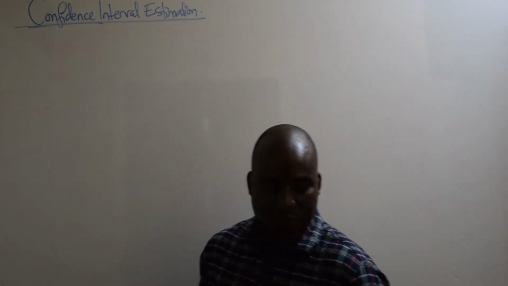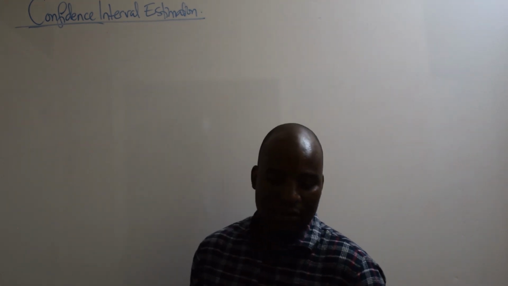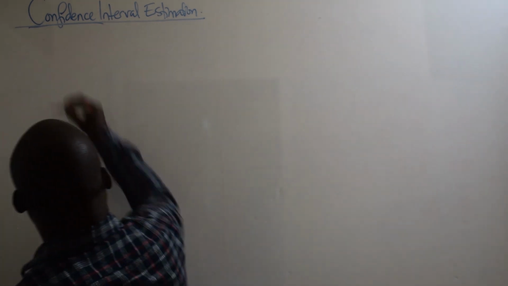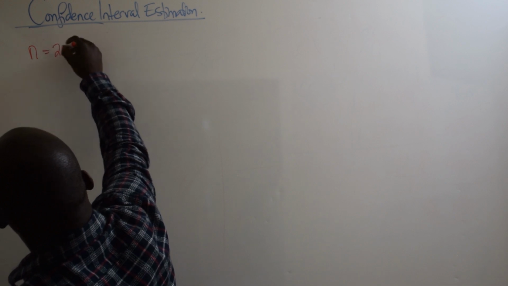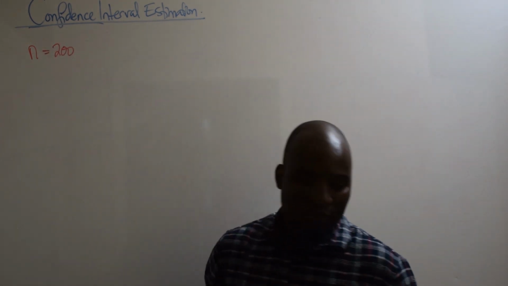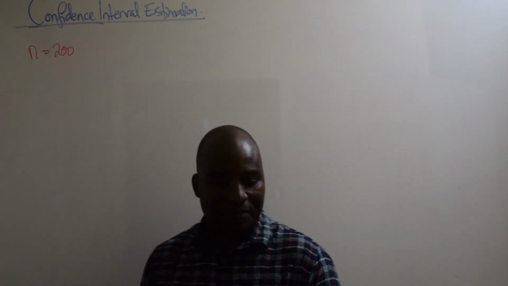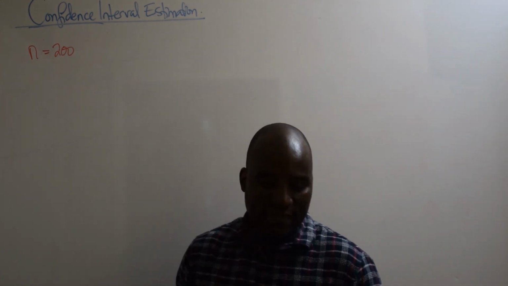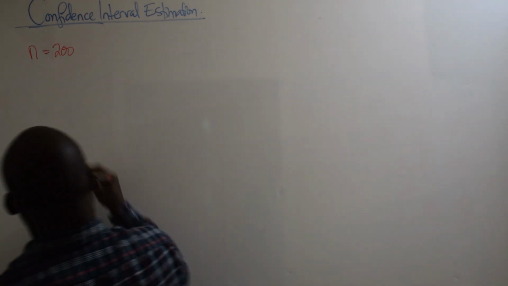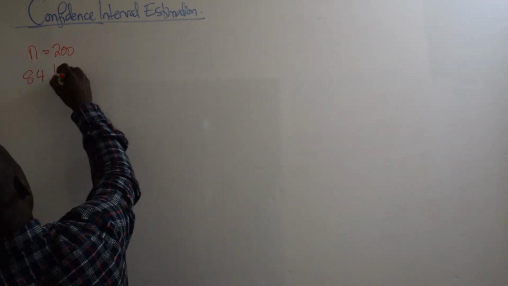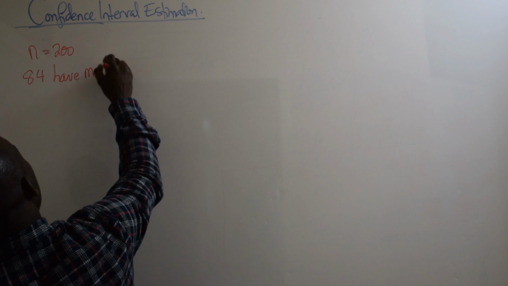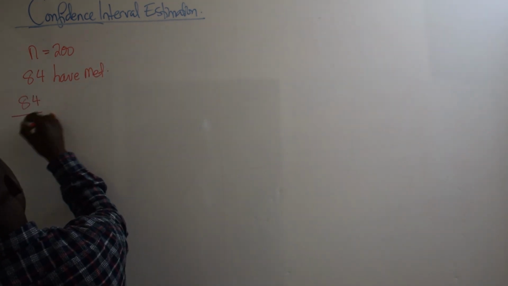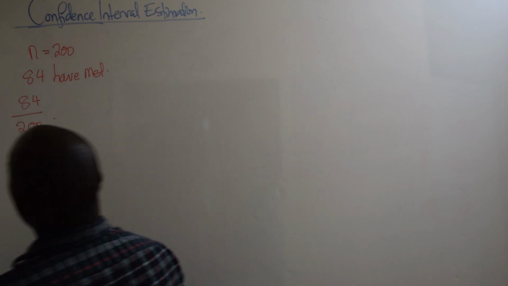So the first thing that we're going to read through and point out is the random sample of 200. So our n is equal to 200. That is the random sample that we're going to be using. And it says 84 have met. So this is actually a proportion. 84 out of what? 84 over 200 have met.